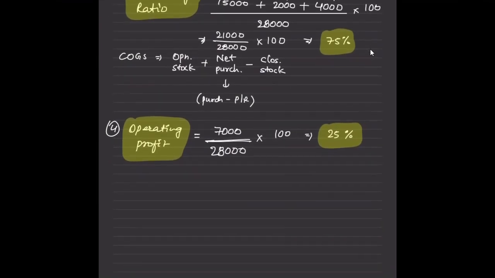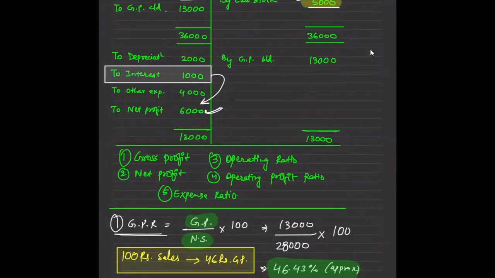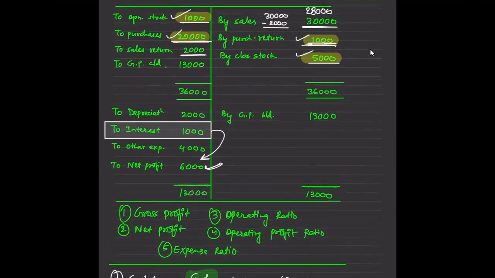And last is the expense ratio. So this asks you to do the total of all the expenses divided by net sales and multiplied by 100. So if I do the total of all the expenses, this would be your depreciation 2000 plus 1000 interest plus 4000 of other expenses.